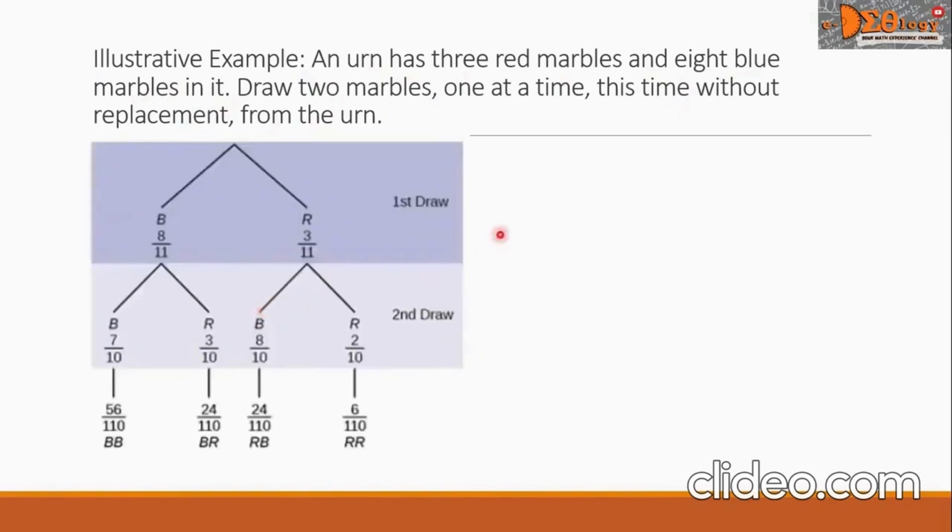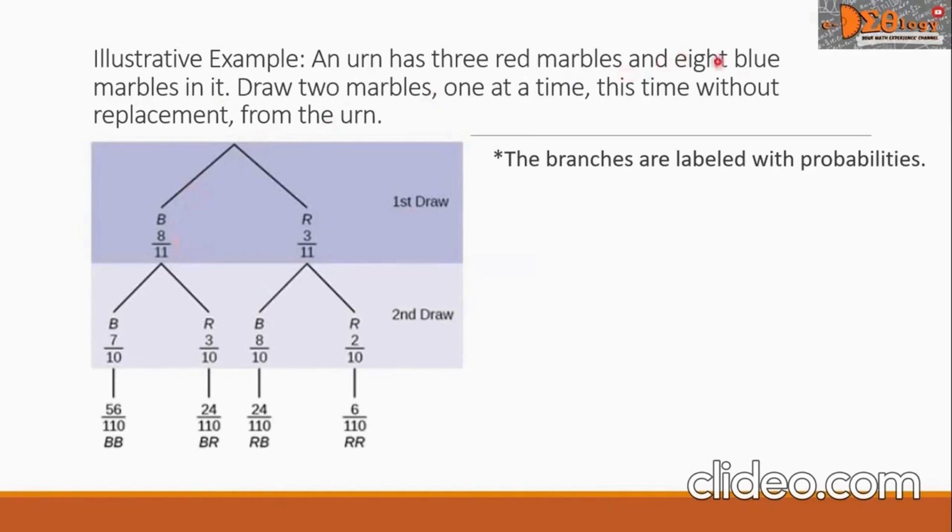Here is the example of our tree diagram. We can see here that the branches are labeled with probabilities. This first level is the first draw of marble. The first branch here represents the probability of taking a blue marble. We can see here this is 8 over 11.